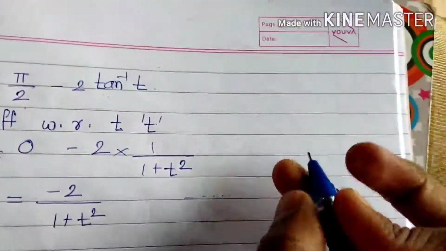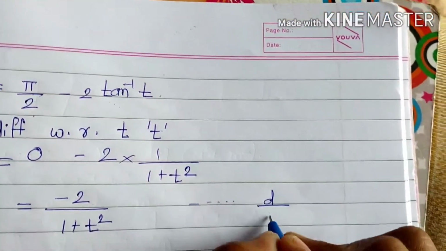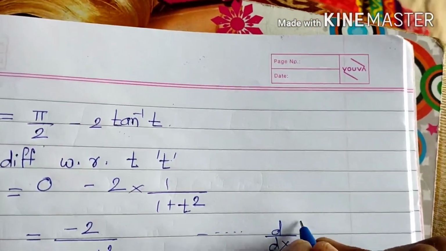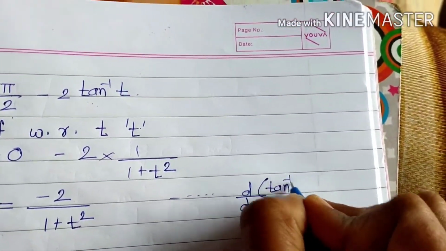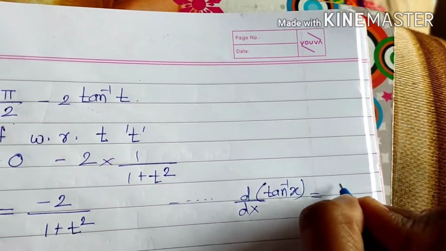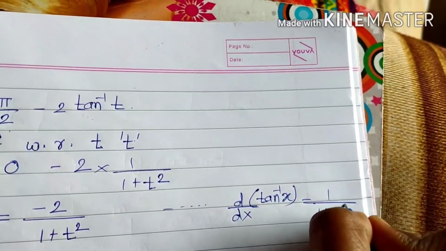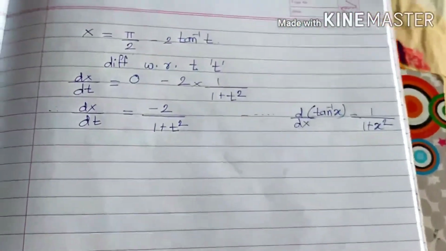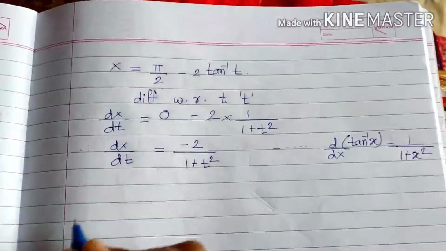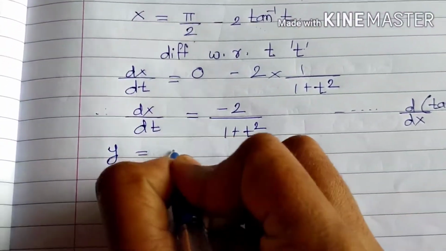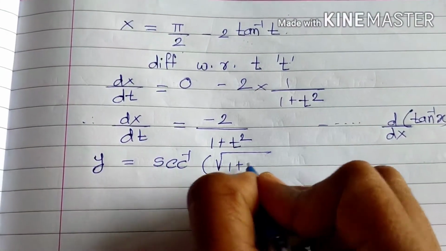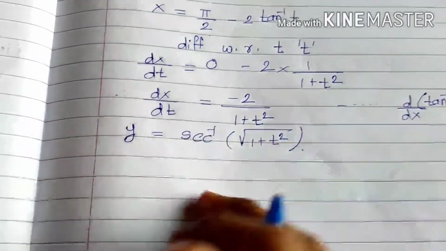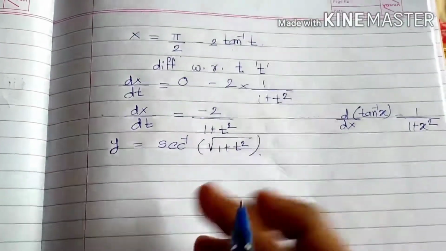You can also write it as d by dx of tan inverse x is equal to 1 upon 1 plus x square. Now also we have y is equal to sec inverse under root of 1 plus t square. Now again put t is equal to tan theta.